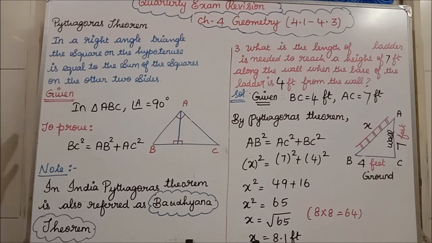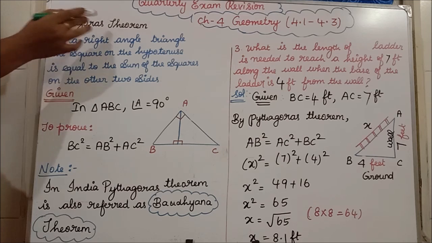Here this is a very important theorem. Now in the note we'll see that in India Pythagoras theorem is also referred to as Baudhayana theorem. Okay, in your exam or in your future test, if I ask the question 'state and prove Baudhayana's theorem', what theorem do you have to prove?